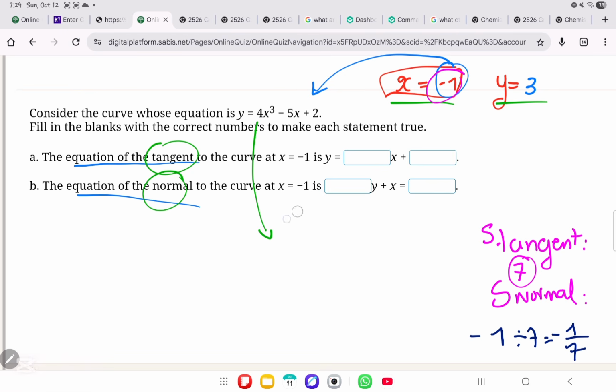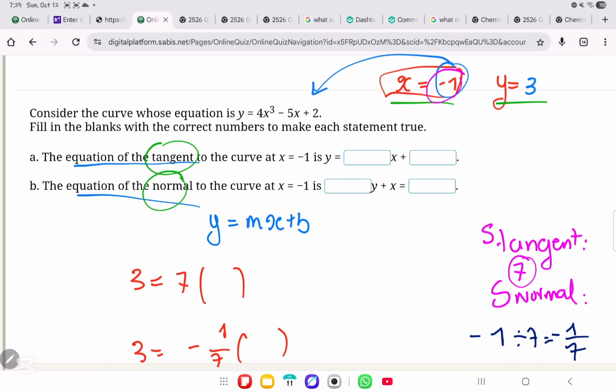Now that we have the slope of the tangent, we have the slope of the normal, we have x and y, we will be able to find their equations. Because the tangent and normal are both straight lines, we will use the equation of a straight line, which is y equals mx plus b. So y, 3, equals m, which is 7, okay, or 3 is equal to minus 1 over 7, times x.